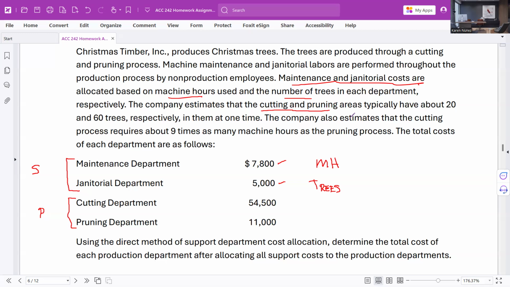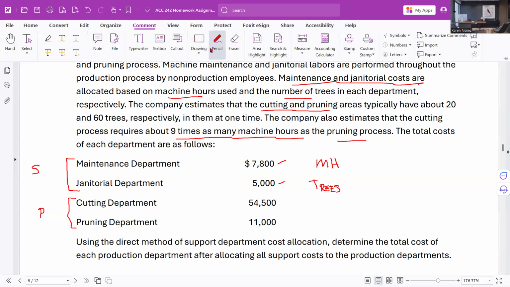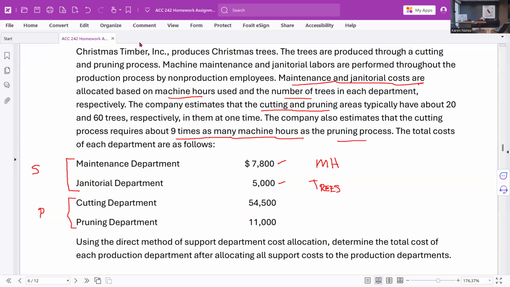That's how many trees we can trace to those two departments. And then the company estimates that the cutting process requires 9 times as many machine hours as the pruning process. 9 times as many machine hours as the pruning process. So I'll show you how we're going to use that information in the table that I'm going to set up.